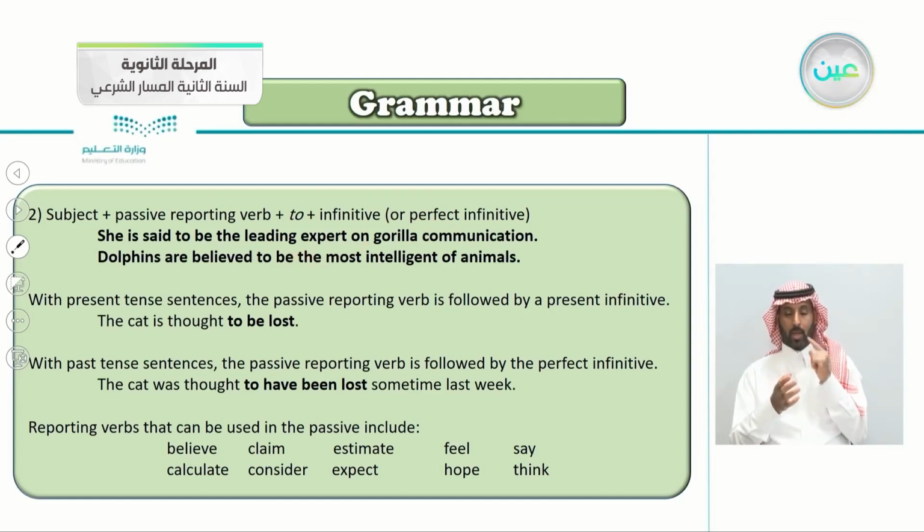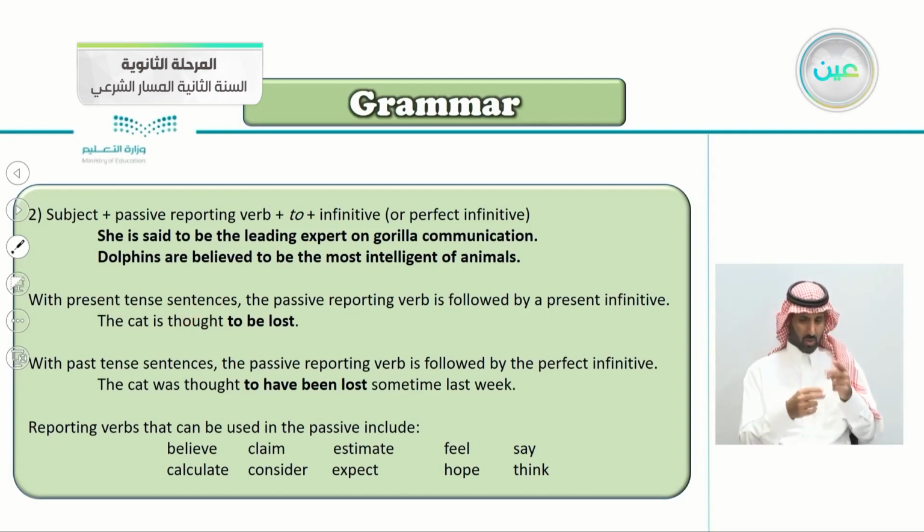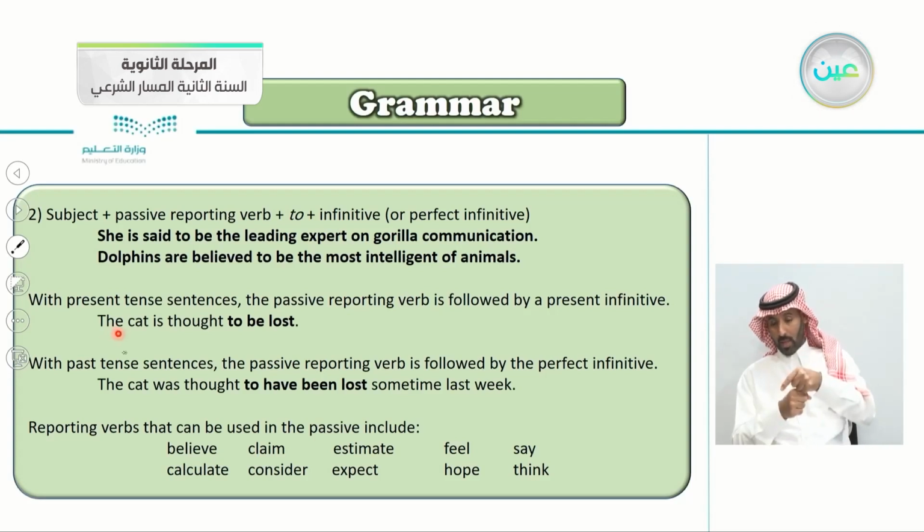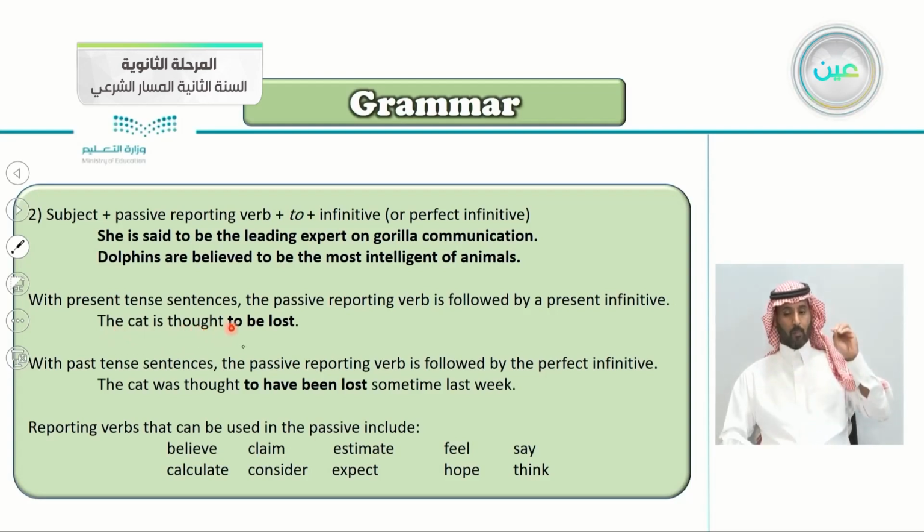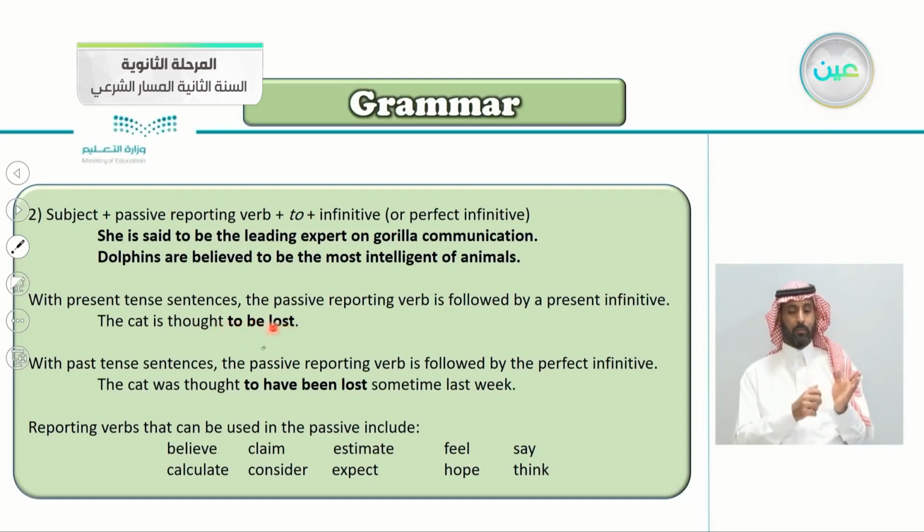With present tense sentences, the passive reporting verb is followed by a present infinitive. The cat is thought to be lost. Thought to be lost. So this is the present infinitive, to be lost.